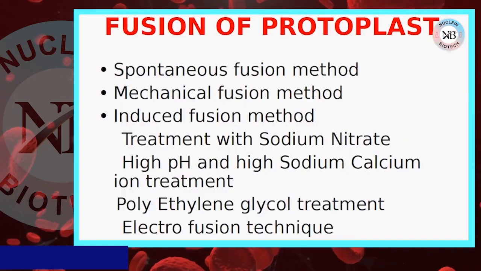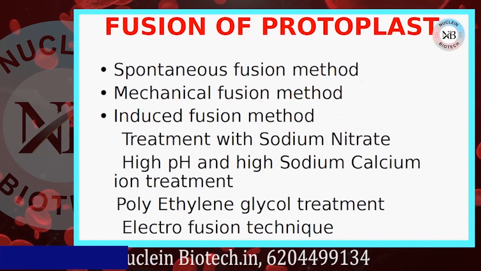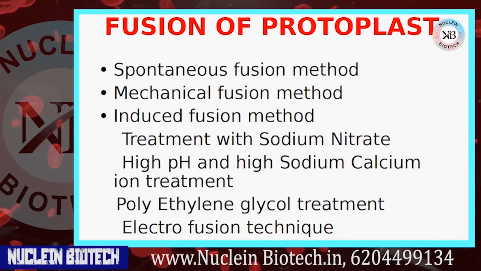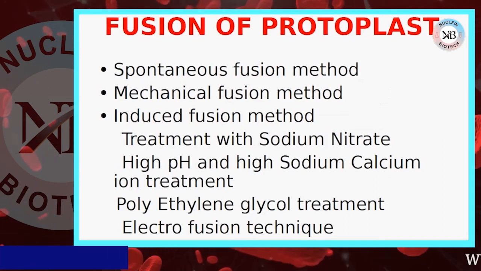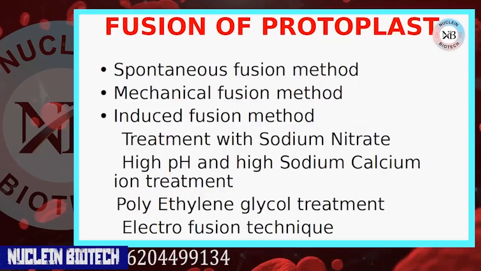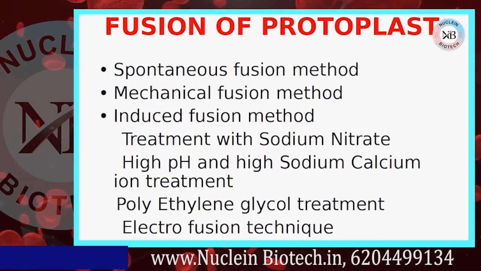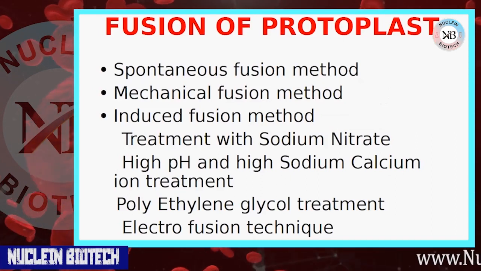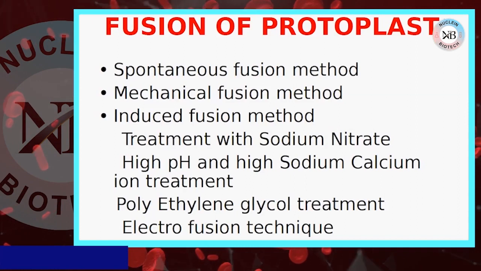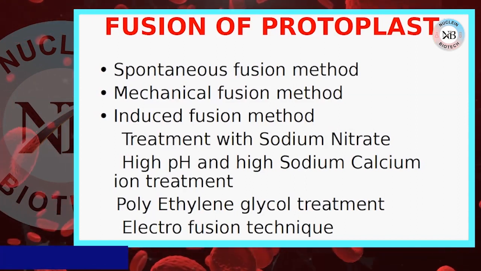Now next is the high pH and high calcium ion treatment. In this, different protoplasts are treated together in a solution with high calcium and high pH so that they can fuse together. Isolated protoplasts are incubated in a solution of 0.5 mole mannitol containing 0.05 mole calcium chloride.